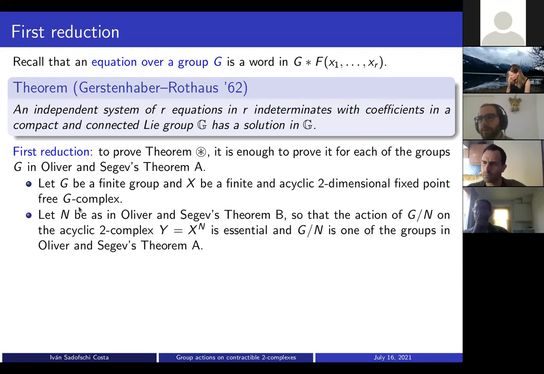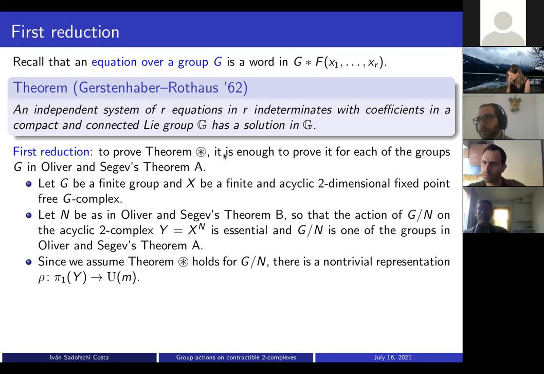Then we consider the group N as in theorem B, so that the action of this quotient on Y is essential, and then this quotient must be one of those simple groups. Now, since we assume that the theorem holds for each of these groups, we can produce a non-trivial representation of the fundamental group of Y on a unitary group.